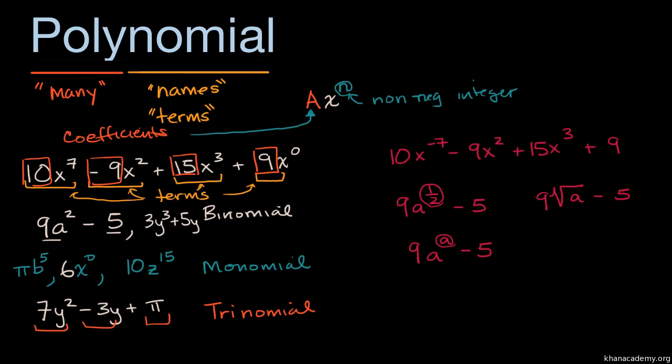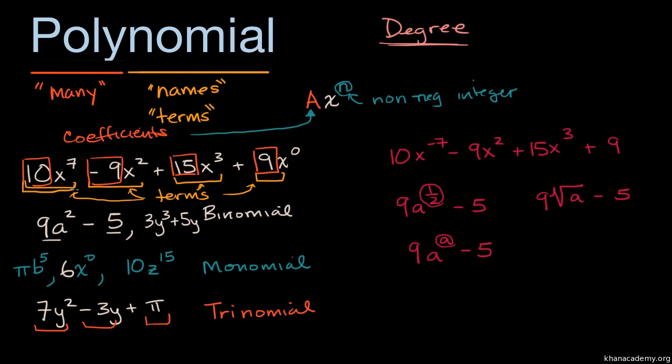Now, the next word that you will often hear in context with polynomials is the notion of the degree of a polynomial. And you might hear people say, what is the degree of a polynomial? Or what is the degree of a given term of a polynomial? So let's start with the degree of a given term. Let's go to this polynomial over here.